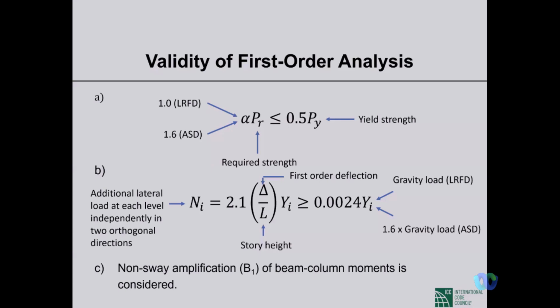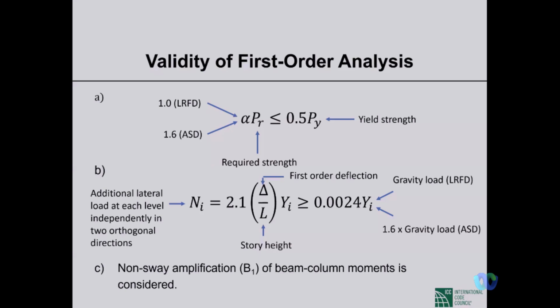That is, if the required strength alpha PR, where alpha is just 1 for LRFD, and for ASD we increase the required strength, so 1.6. So if alpha PR, the required strength, is less than 50% of the yield strength, in that case we can go for first order analysis.